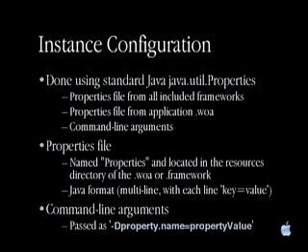Very roughly, from our point of view, we see the properties file from all your included frameworks, the properties file from your application itself, and then command line arguments, in that order of precedence. The properties file is named Properties, and it's located in the Resources directory of your WOA or your framework, and it's in pretty standard Java format.